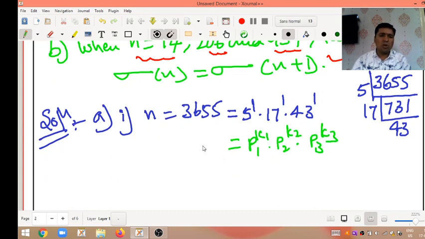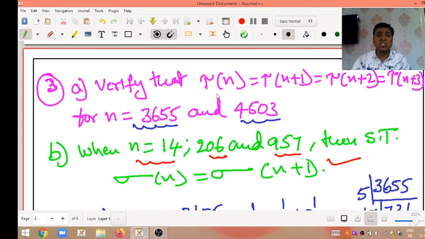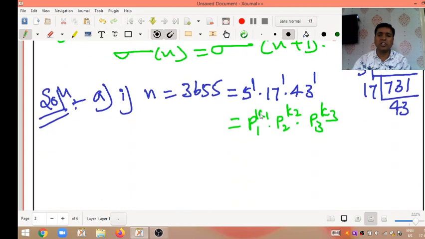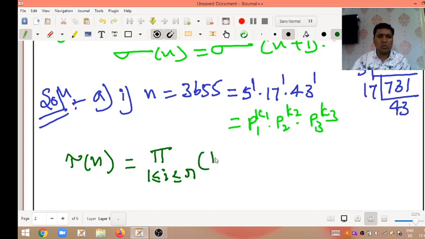Okay, so what do you want to find in this question? We want to find the value of tau of n. So tau of n means what, my dear students? Tau of n is nothing but the number of all divisors of the given integer. That one we want to find using the formula, the product for i from 1 to r of k i plus 1.